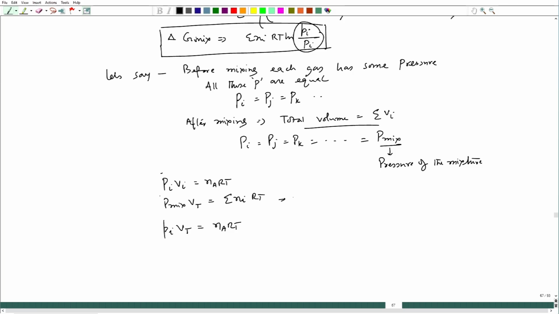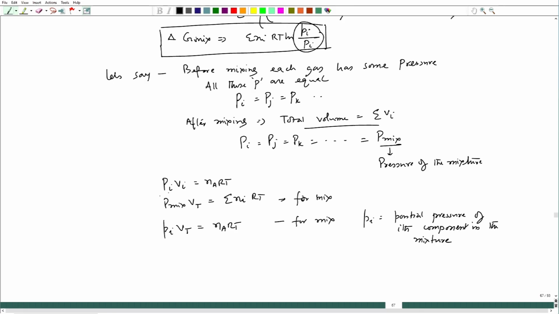This is for mix, and small pi is basically the partial pressure of the ith component in the mixture.